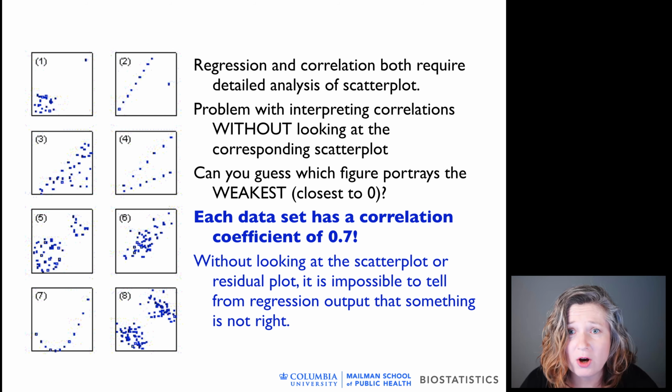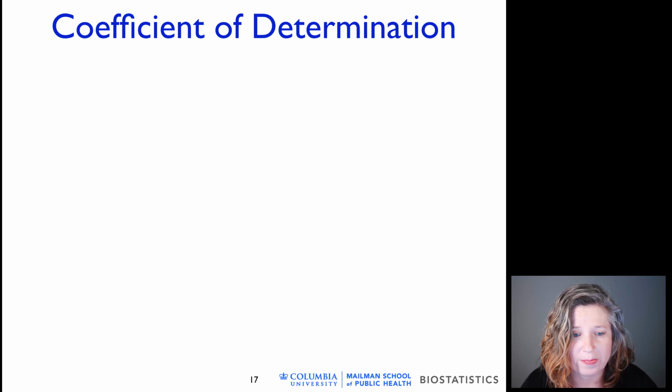So when we compute correlation and get 0.7, we can't be sure that our scatter plot looks like scatter plot number 6. It could be scatter plot number 1, or 5, or 8. We have to actually look at the scatter plot. For every correlation coefficient, we should plot a scatter plot and look at the data.